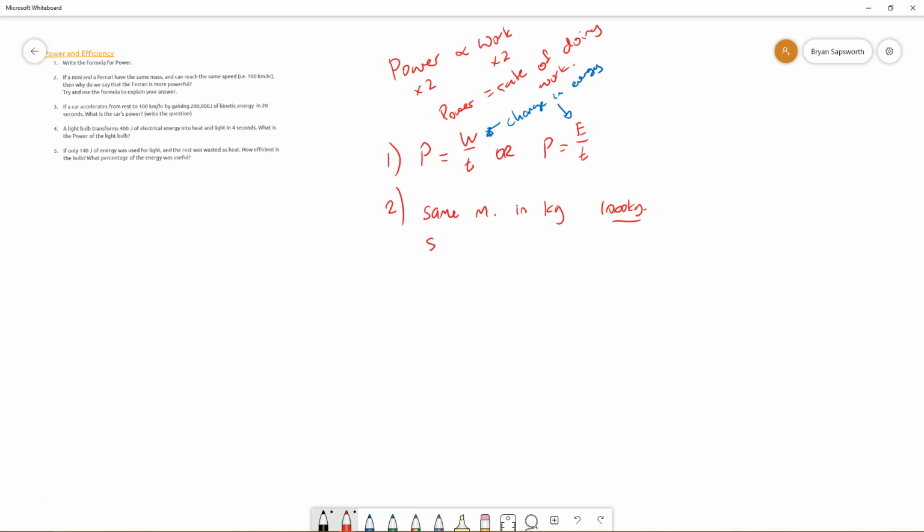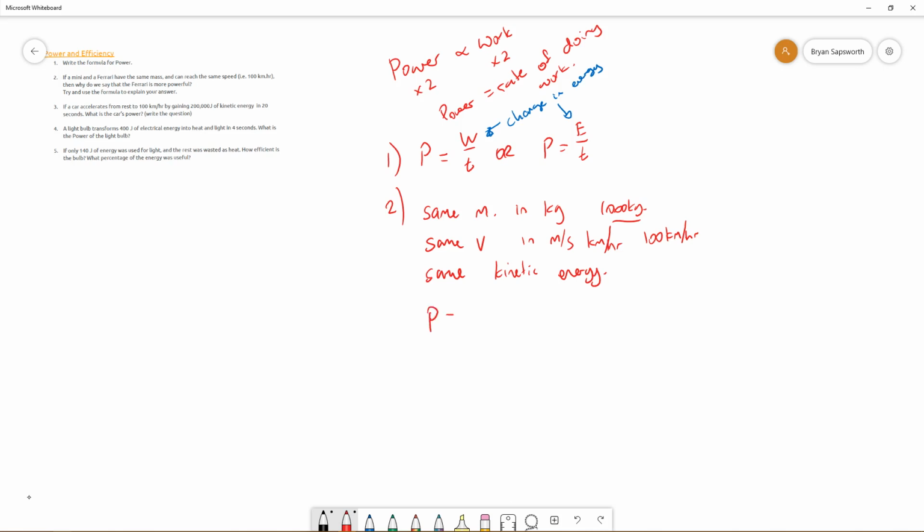If they have the same V, it doesn't really matter whether it's in meters per second or kilometers per hour, and we say it's 100 kilometers per hour, then both of them have the same kinetic energy. But why do we say the Ferrari is more powerful?